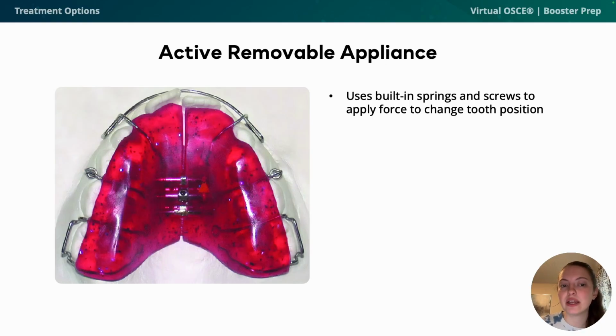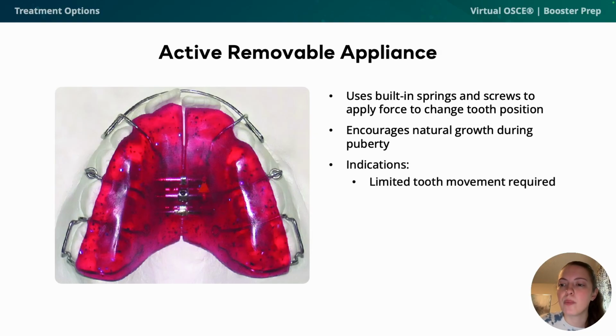It may look kind of like a retainer you might have had as a kid, but certain aspects like the springs or wire bends or screws are active and their goal is to actively move teeth. Now, unlike functional appliances, these do not encourage growth and are actually somewhat limited in their scope. They're typically only able to achieve minor tooth movements like tipping a tooth, the correction of a single tooth, or a minor amount of expansion.